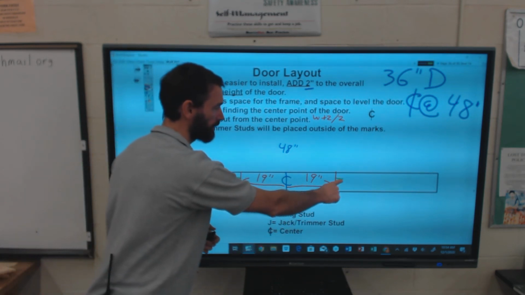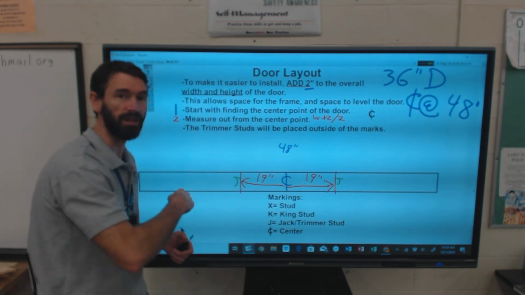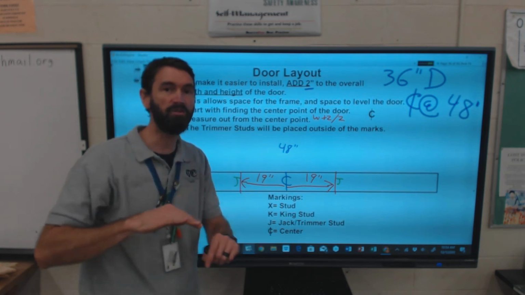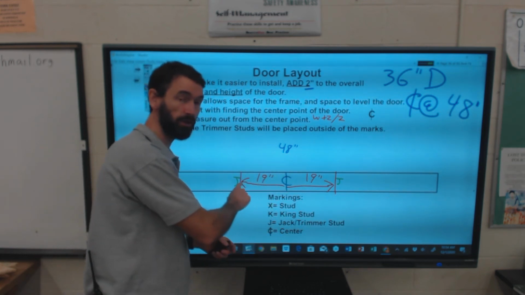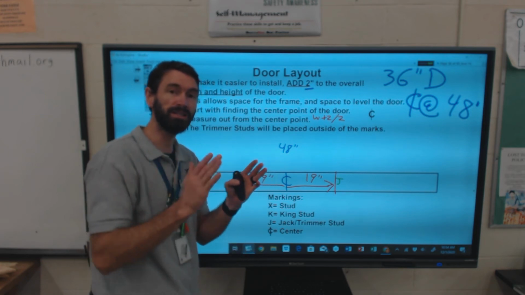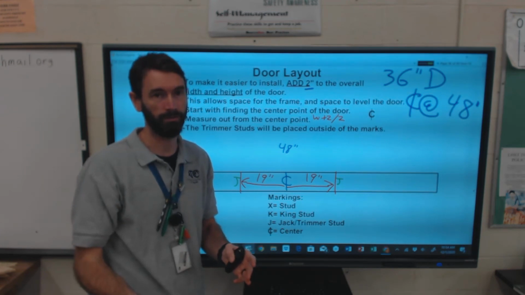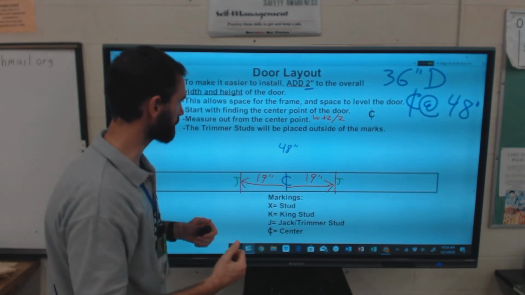So you can see the jack on the right is on the right side, the jack on the left is on the left side of that line. So they're going to work away from the center. Never, ever, ever put your jacks on the insides of these lines. If you put them on the insides of your lines, the opening is not going to fit your door or your window. Okay? You need to make sure always go out.